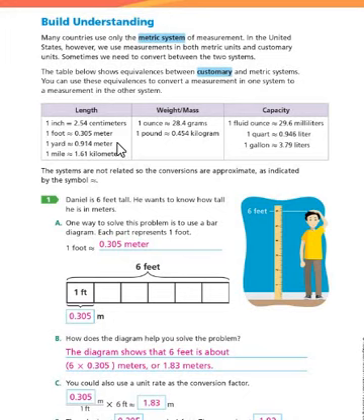So to convert between the metric system and the customary system, or the opposite, I want to know the conversion factor. I know that 1 foot is 0.305 meter, and I know that he's 6 feet tall.